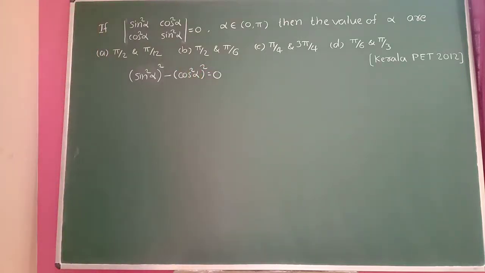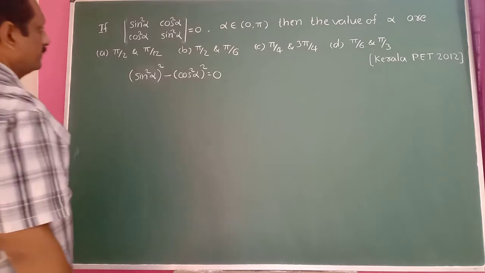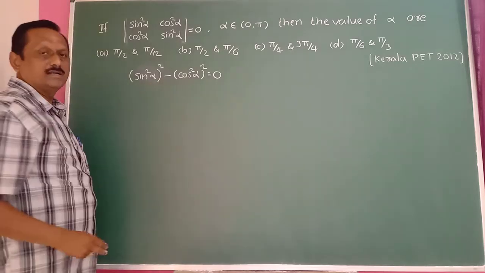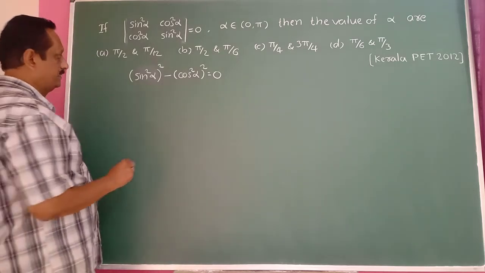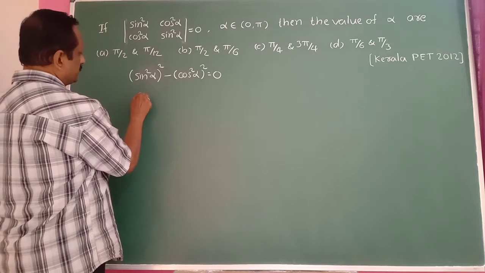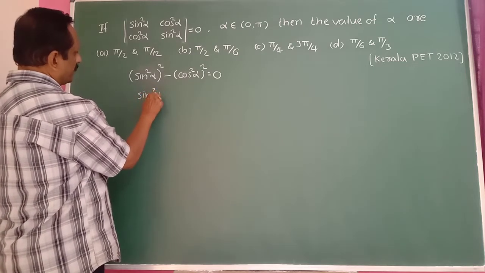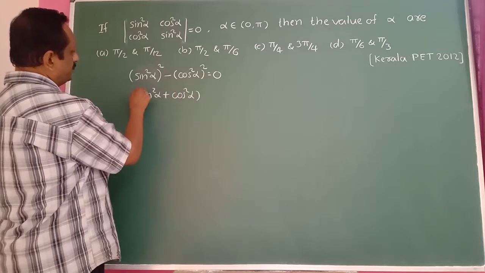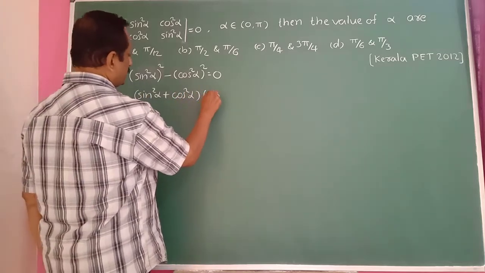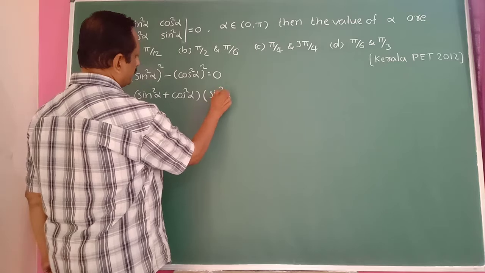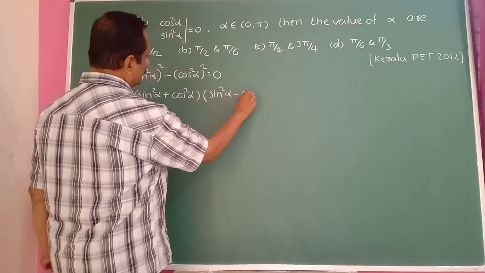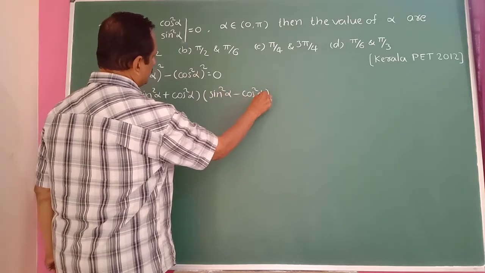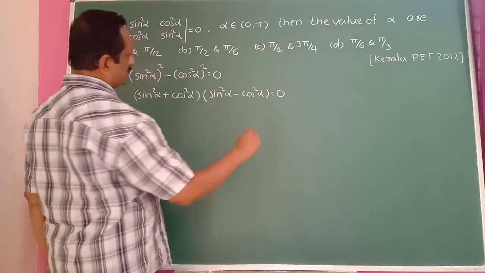Here use the a square minus b square formula. You know a square minus b square is a plus b into a minus b. Therefore sin square alpha plus cos square alpha into sin square alpha minus cos square alpha is equal to 0.